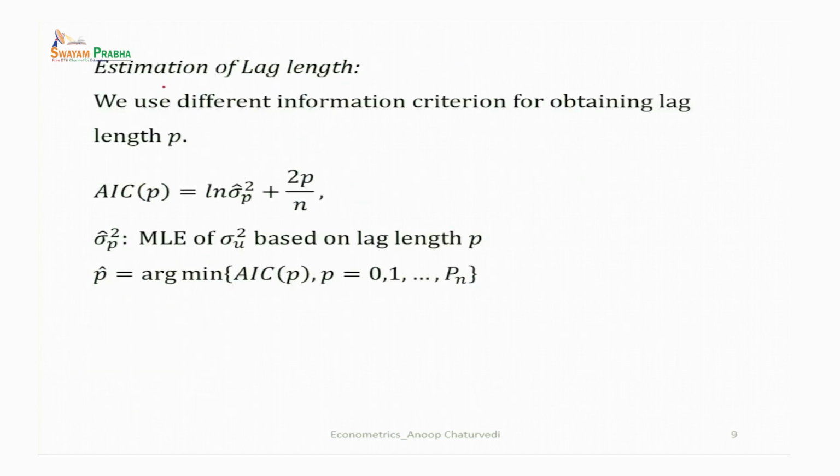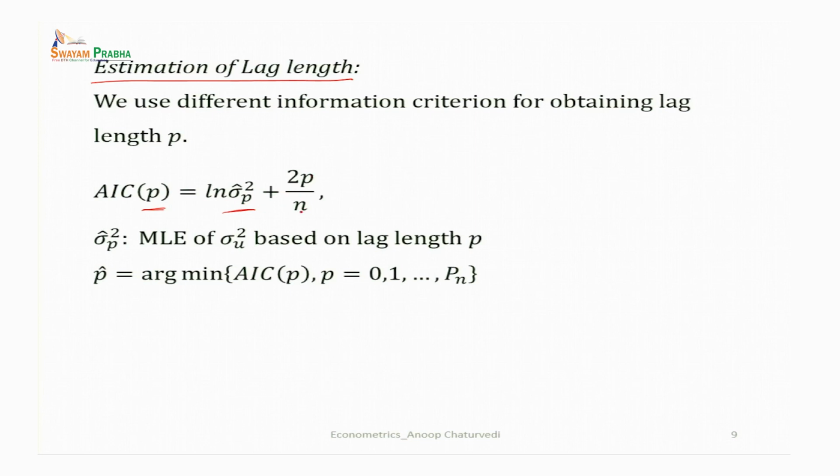Now, a problem with the finite distributed lag models is that you usually do not have an idea of the lag length. So, you have to estimate the lag length. For that purpose, we use different information criteria. Say, suppose you want to estimate lag length using AIC, the Akaike information criterion. Then for the given value of p, AIC(p) = log sigma hat square(p) + 2p/n. This sigma hat square(p) is the estimator of sigma square_u based on a distributed lag model of lag length p.